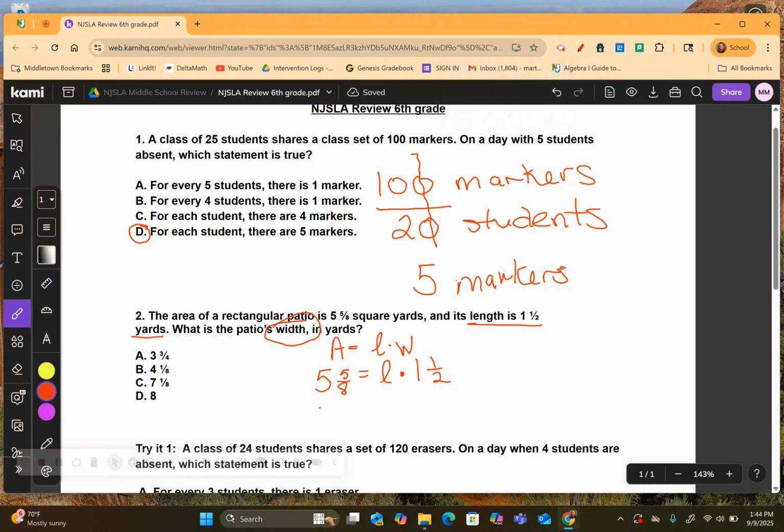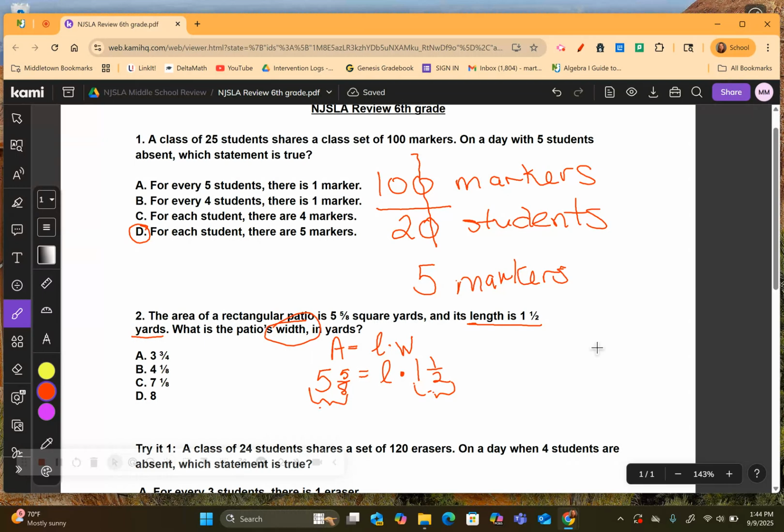So what we're going to do is change these mixed numbers to improper fractions in order to finish this problem.